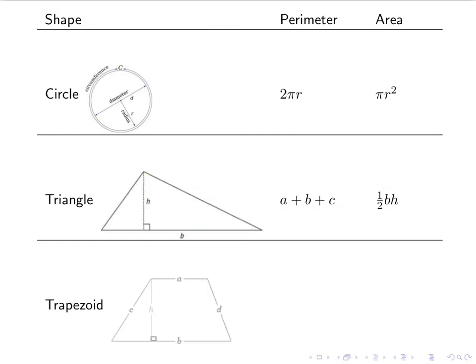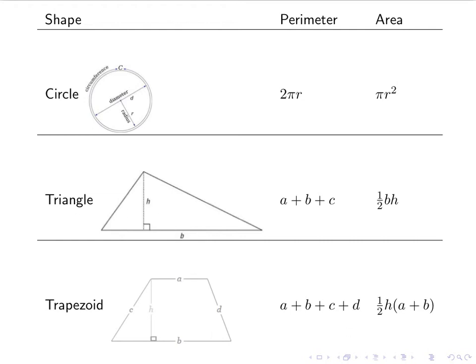And then lastly is a trapezoid. The distance around the trapezoid is just going around those 4 sides, A plus B plus C plus D. A trapezoid is a generalized version of a parallelogram. A trapezoid has to have one set of parallel sides.